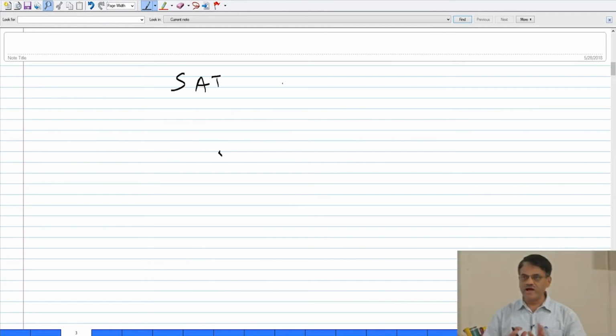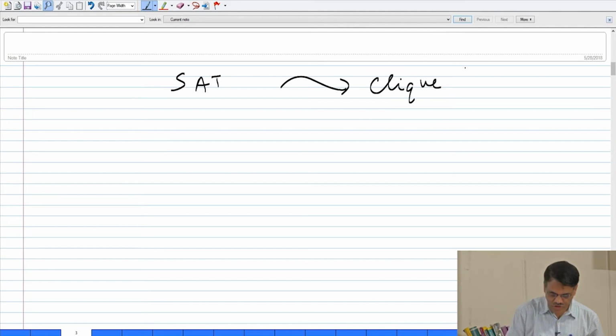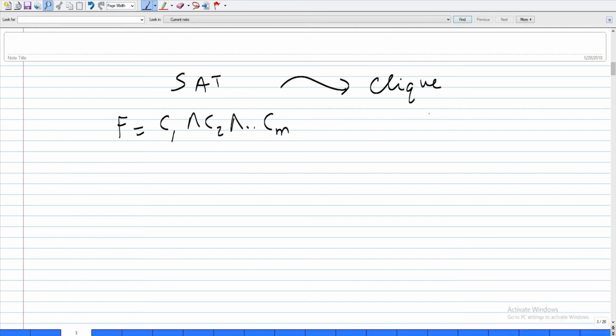Remember the graph: before you even know whether it is satisfiable or not, the moment you give the input, you should be able to construct this graph. So, SAT to clique. You are given this formula f, and my graph is going to contain these vertices.